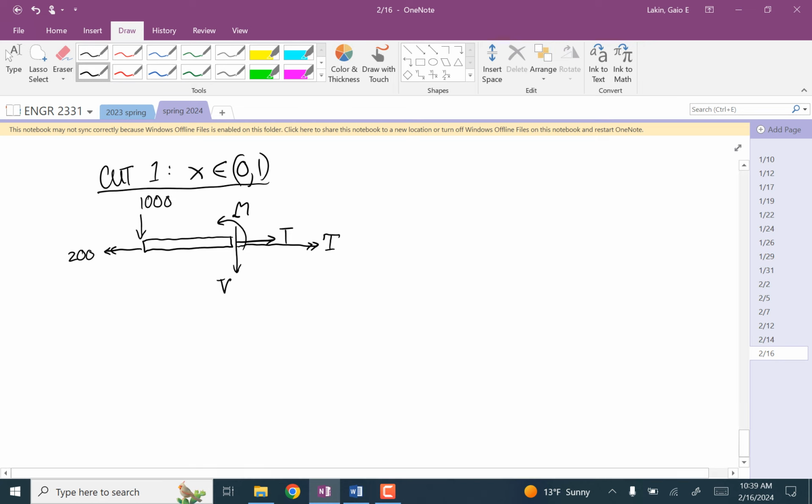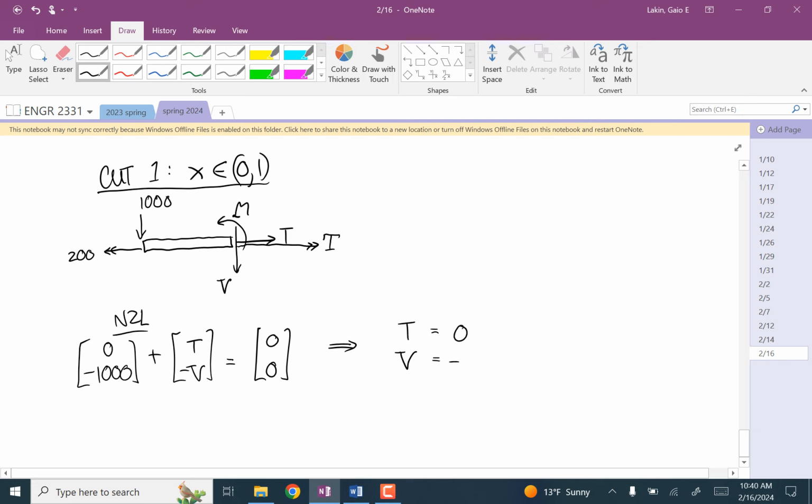Okay, so Newton's second law says 0, negative 1,000 plus T negative V is equal to zero. So that says that there's no internal tension.